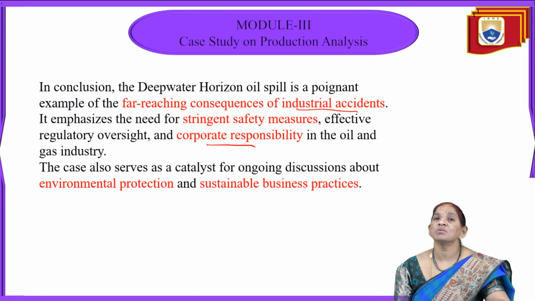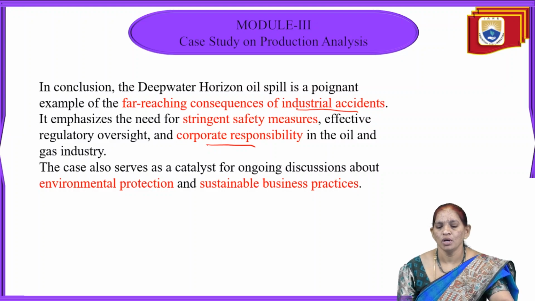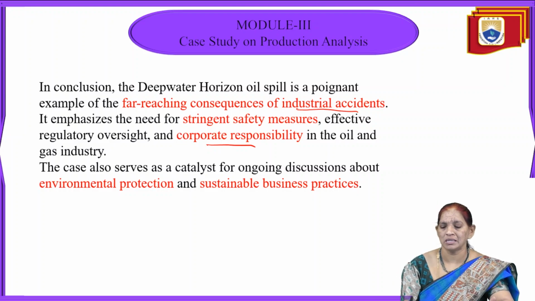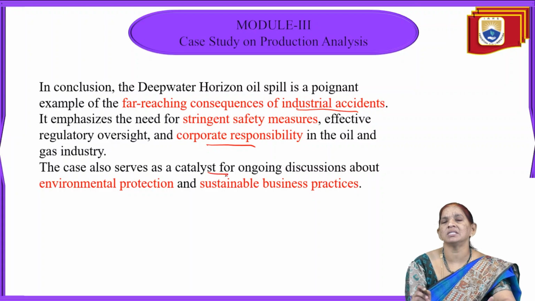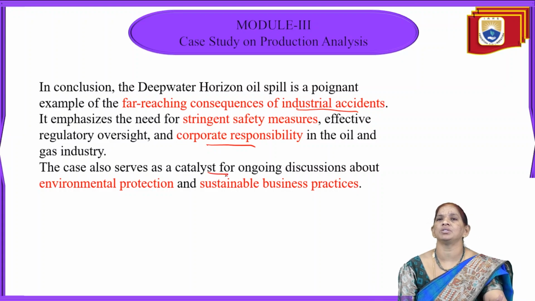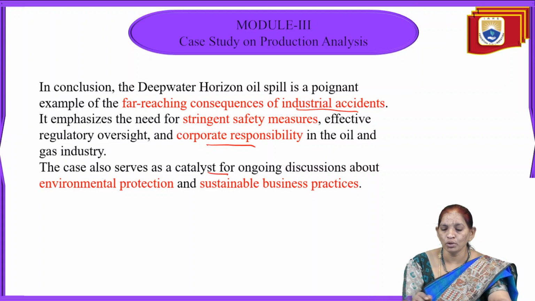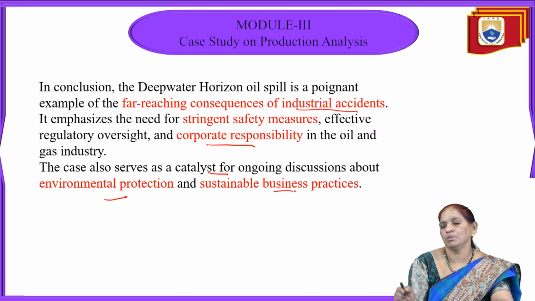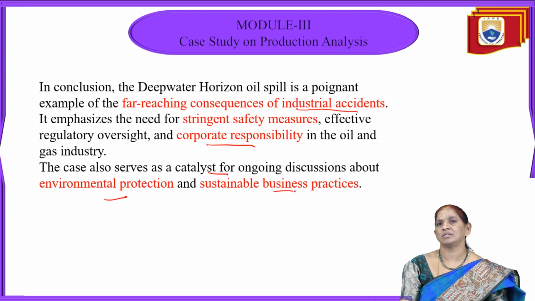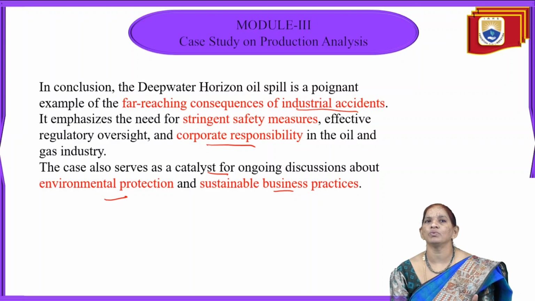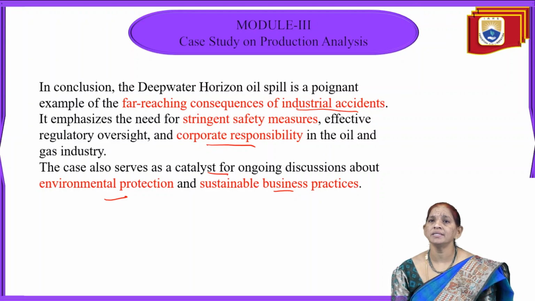These are some of the important things we should learn to avoid this sort of industrial accident. It also serves as a catalyst for ongoing discussions about environmental protection and sustainability of business practices, to avoid this sort of incident or accident.